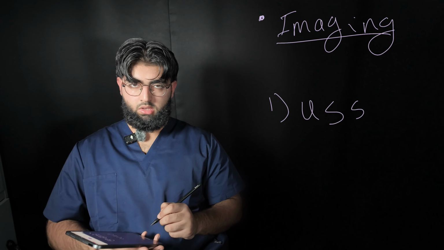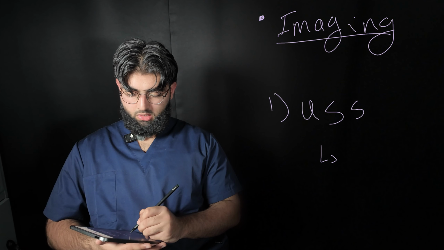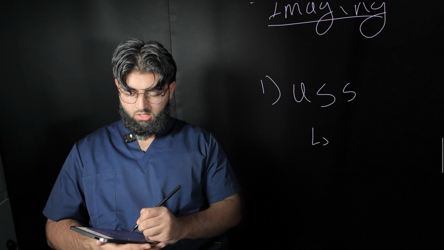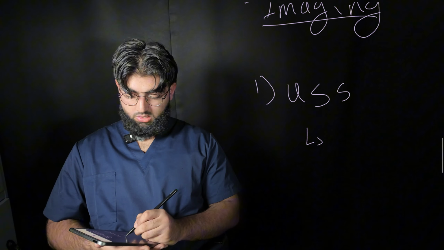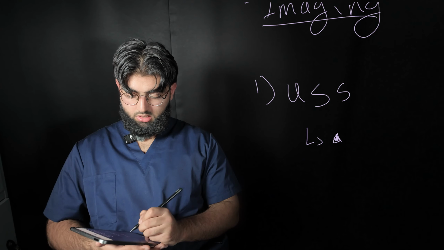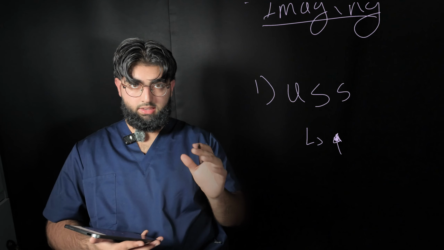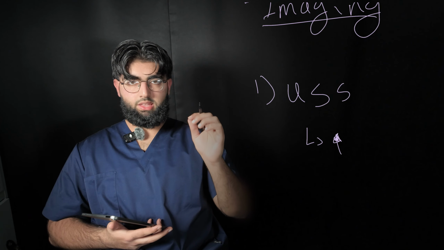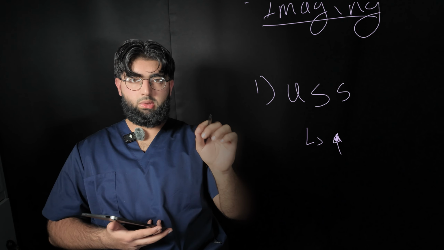right? The very first imaging tool that we use is going to be an ultrasound scan, right? Now, on ultrasound, what might you actually see? So you might see an increase in the diameter of the actual appendix itself. So like we mentioned in the pathophysiology of appendicitis, there is that initial luminal obstruction, right?